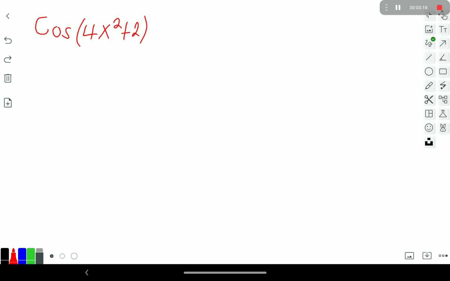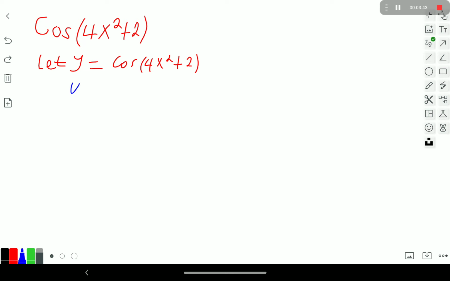So the next one is cos of 4x squared plus 2. We shall also say that y is equal to cos of 4x squared plus 2. Then we also bring in a new term.